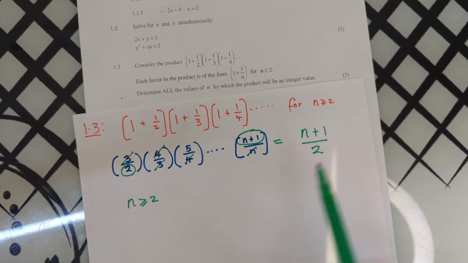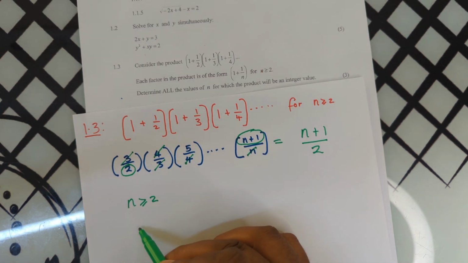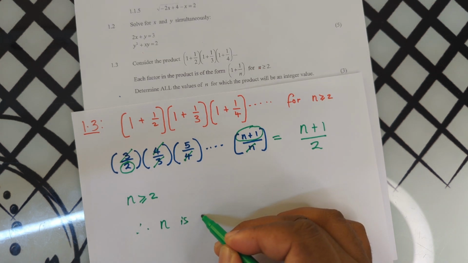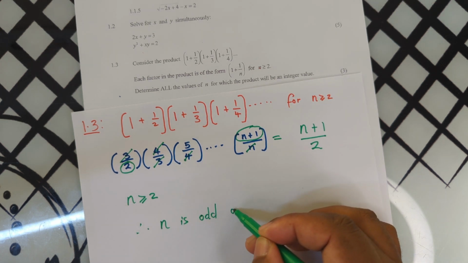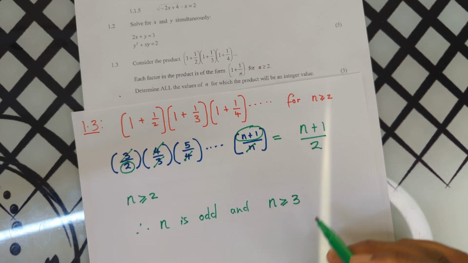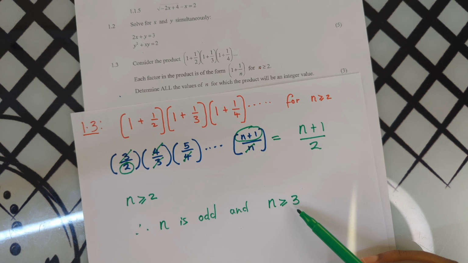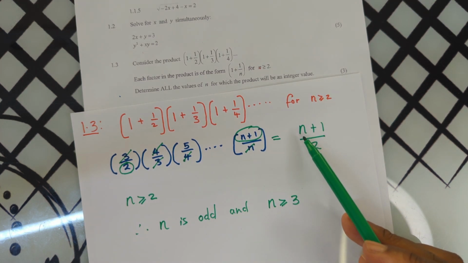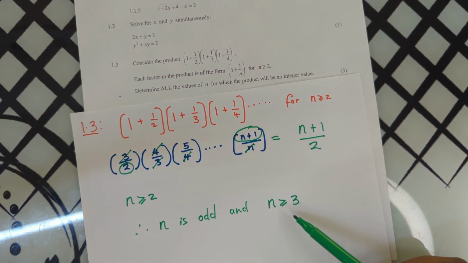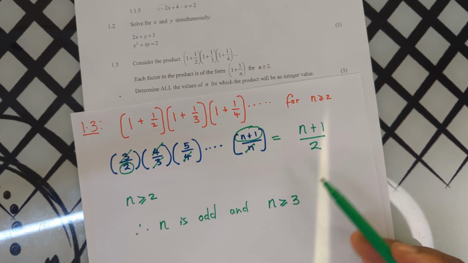And since our n has to be greater or equal to 2, this implies that n is odd and n must be greater or equal to 3, because the first odd number bigger than 2 is 3. So n could be 3, could be 5, could be 7, and so forth, as long as it is greater or equal to 3 and it is odd.